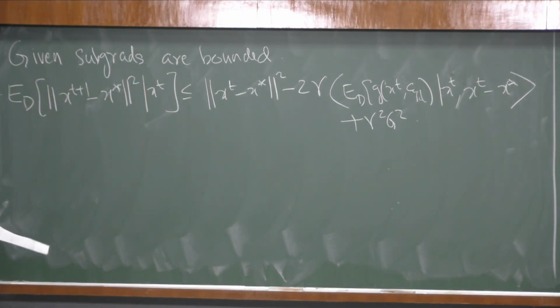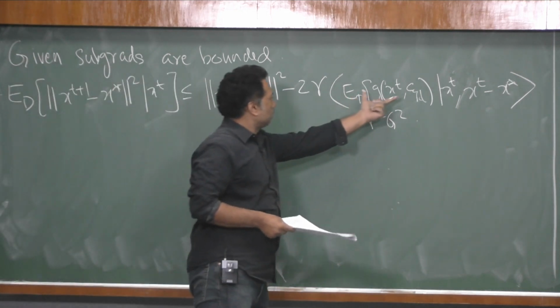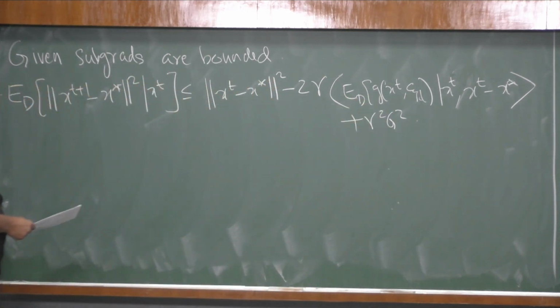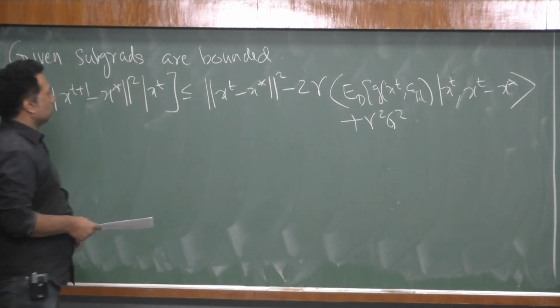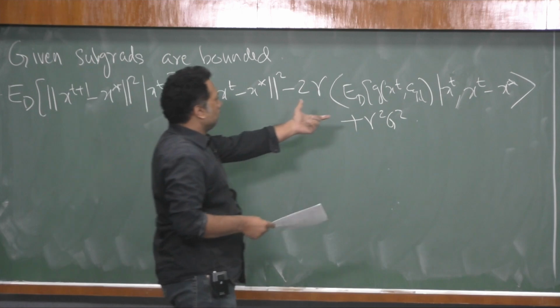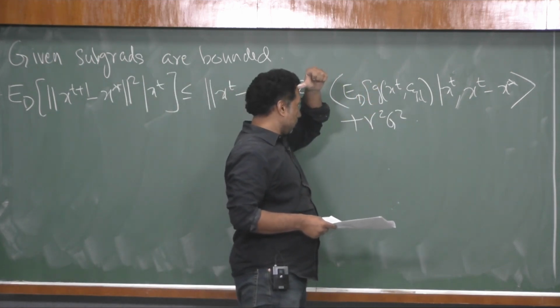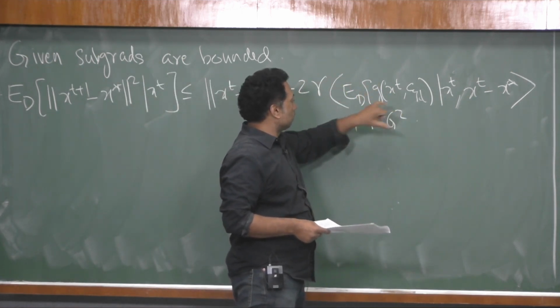So that's the first step, and then the second step will be the mu strongly convex term. In fact this will be the subdifferential of f. So it's a subdifferential of f, and then f is mu strongly convex.